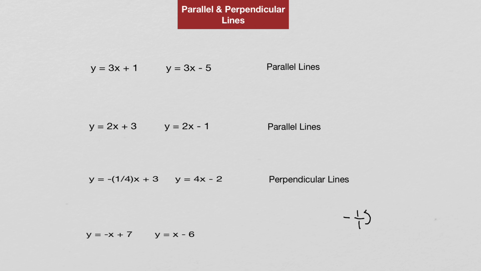If we flip those around, then we get 1 over 1. It's the same thing, and we're going to negate the negative, so now we just have a positive, no negative sign in front of it. And 1 over 1 is the same thing as just 1. That is the reciprocal, the coefficient or the number before the x, 1, and therefore it is a negative reciprocal, and therefore that is also a perpendicular line.